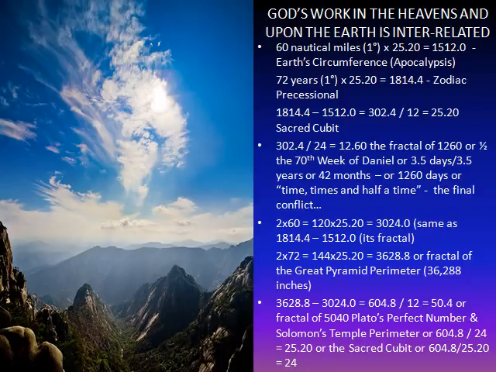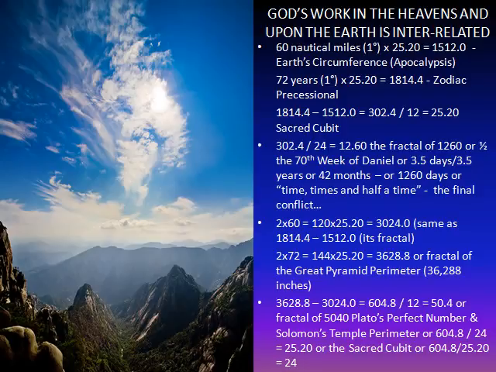604.8. Again, divided by 12, either the 12 patriarchs of Israel or 12 apostles of the Lamb, will equal 50.4, which is a fractal of 5040, Plato's perfect number, and Solomon's temple perimeter in feet.